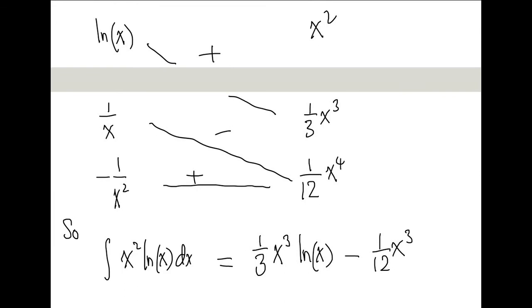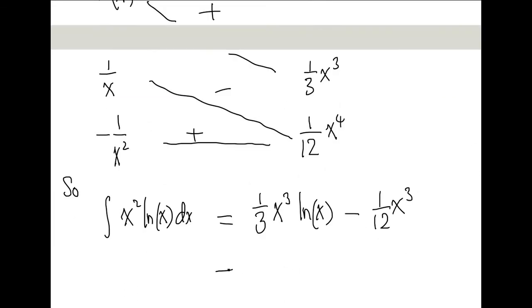Now lastly, we need to add integral of the product here, which is minus times that we would get minus 1/12, and then x squared times in the denominator times x to the 4 will give us x squared dx.